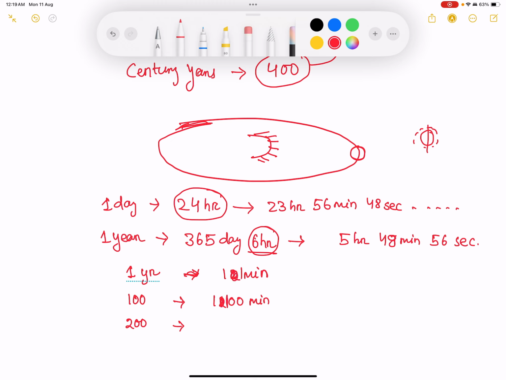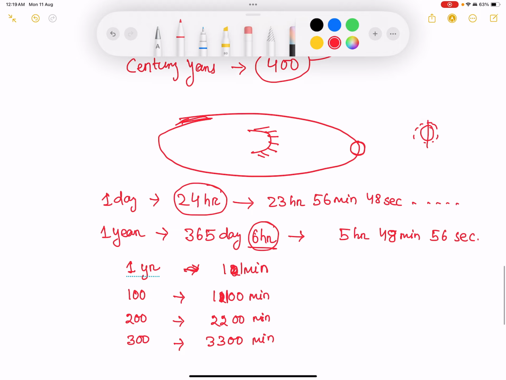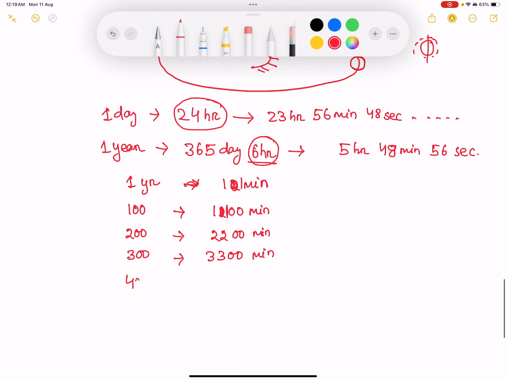1100 minutes. Okay, 200 years means double, 200 minutes. Okay, 300 years means double, 300 minutes. Okay, and 400 years means it is double 400 minutes. Okay, can you tell me, for every 400 years we are ahead by double 400 minutes?